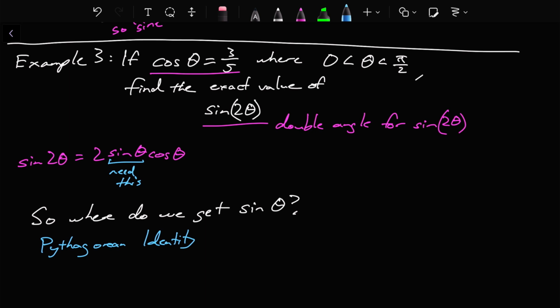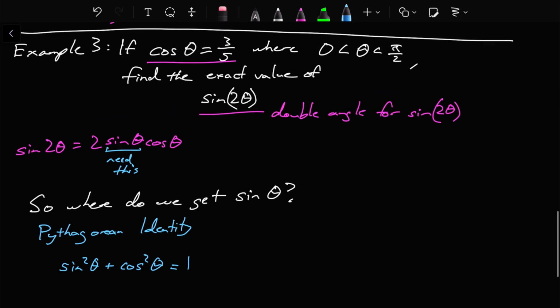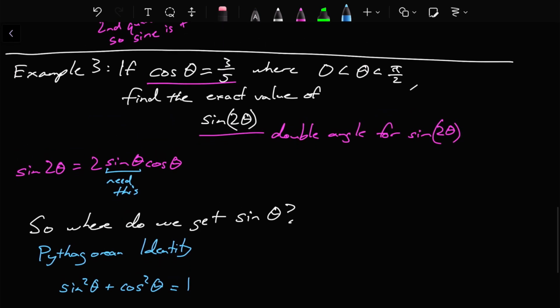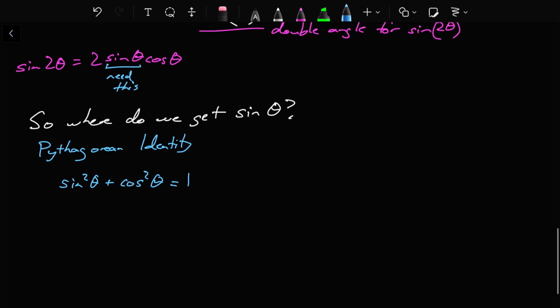The Pythagorean identity tells us that sine squared theta plus cos squared theta is equal to 1. The Pythagorean identity is so cool. It comes up everywhere. You can apply it whenever you want. You just might not need what you get, right? But in this case, we need sine theta. So we're going to go get it. We know what cos theta is. It's 3 over 5.